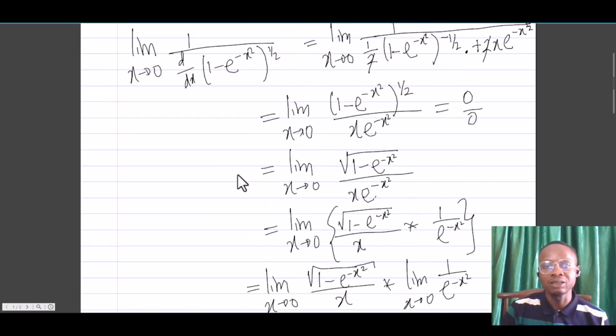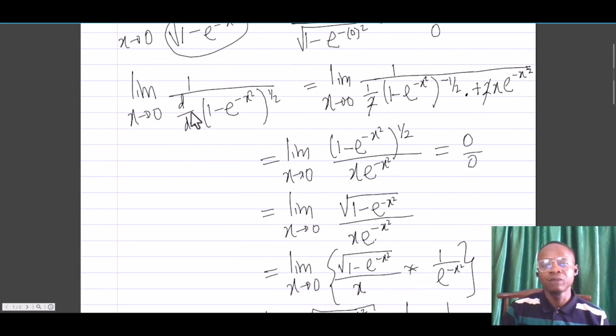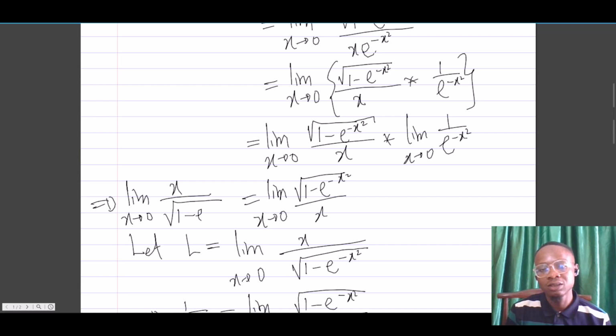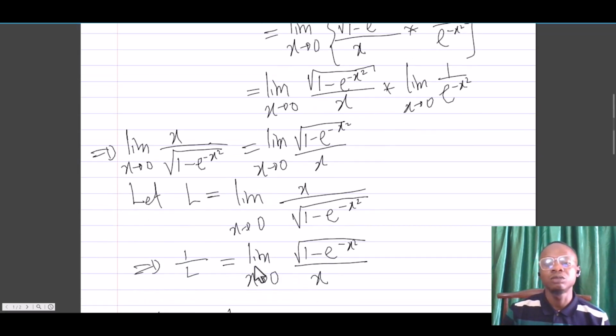Starting out here, we were able to arrive at the fact that the limit as x approaches 0 of x over root of 1 minus e to the power minus x squared will be equal to this. So if this is L, then this will be 1 over L. So this is telling us that L is equal to 1 over L.